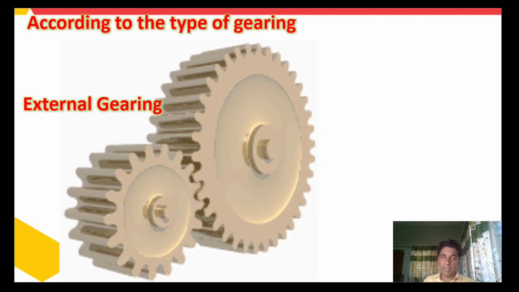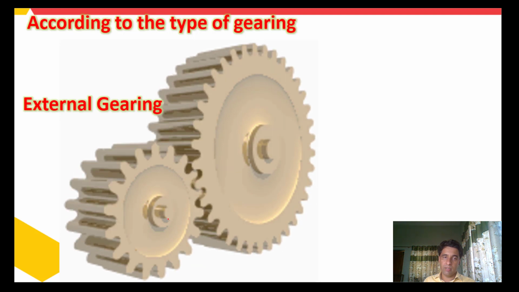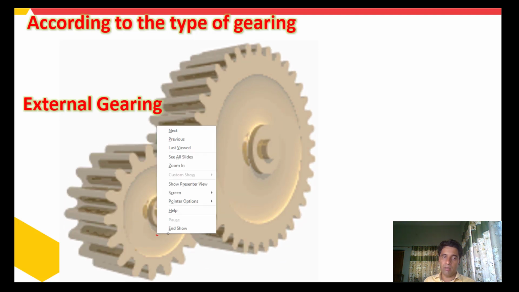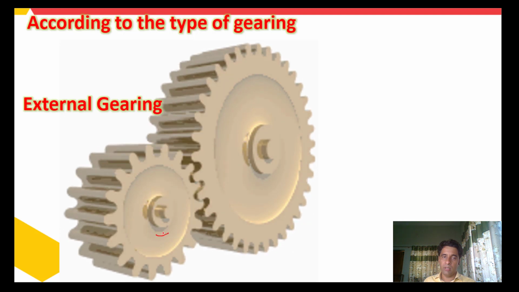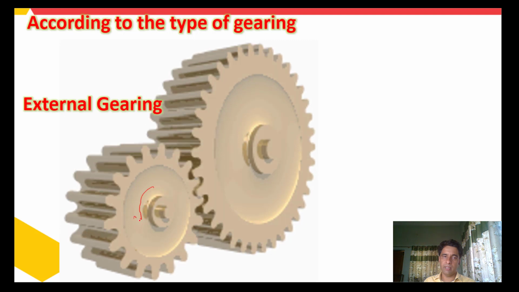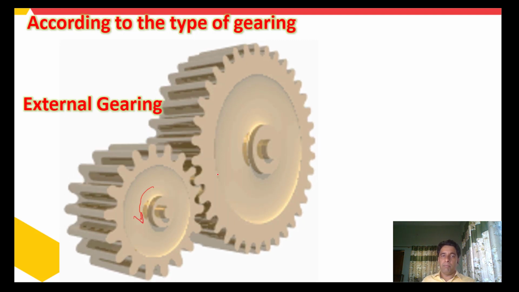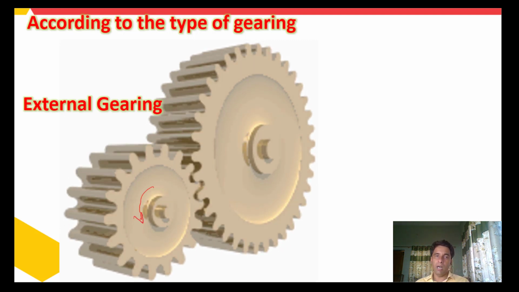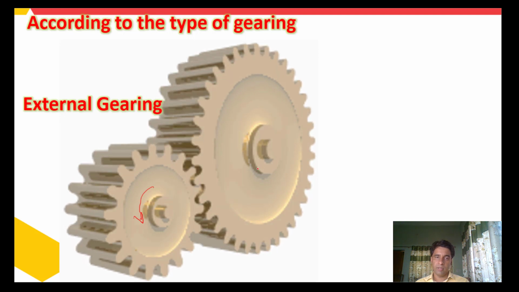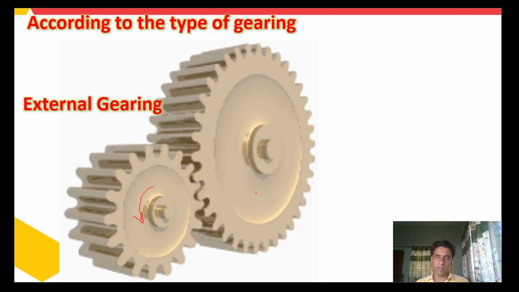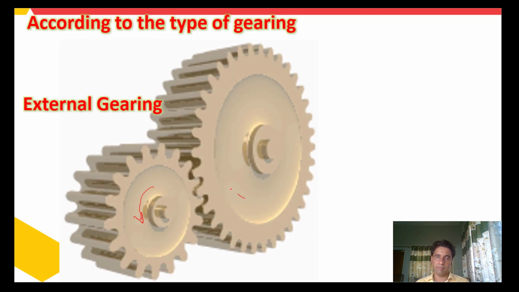So let's say this gear is my pinion, or you can say the driving gear. This driving gear is rotating in this direction, right? But you see the driven gear is rotating in the opposite direction.